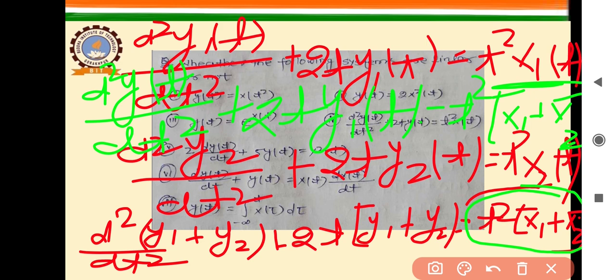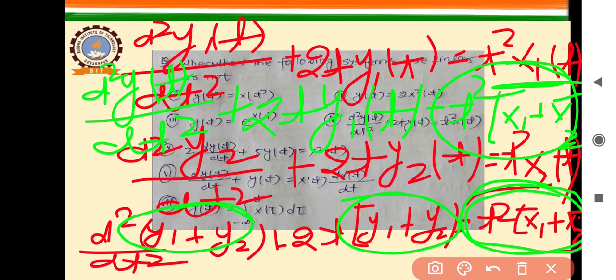Here the right side in this equation also is same as in this equation. Remaining things are simple, y1 plus y2 corresponds to x1 plus x2. It means that the given system follows the law of additivity.